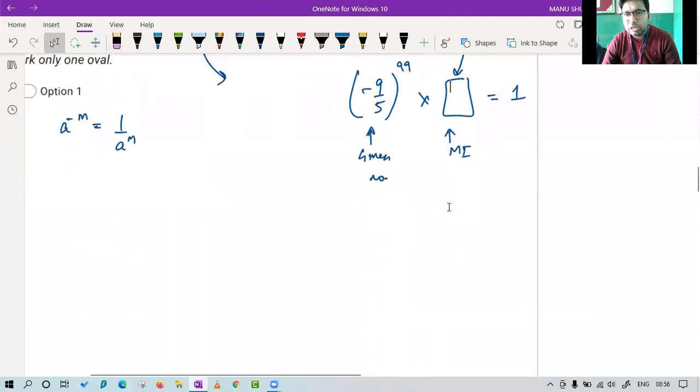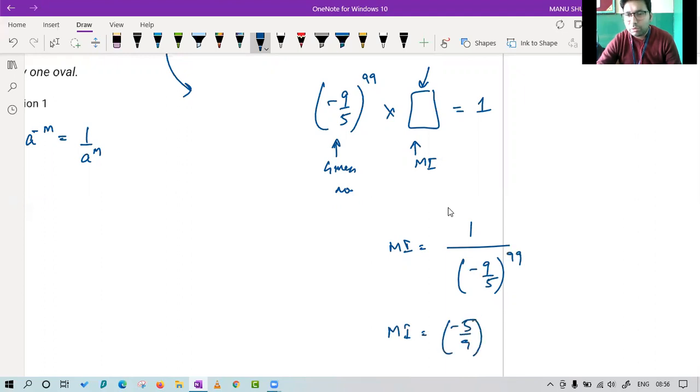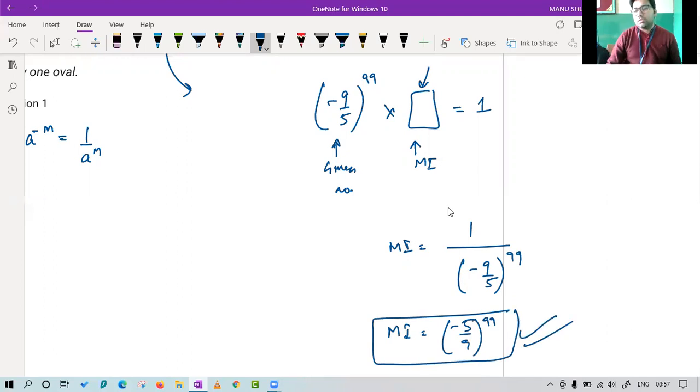If you isolate this multiplicative inverse on this side, you will have 1 upon minus 9 upon 5 power 99, which finally becomes minus 5 upon 9 power 99. This is the answer. I hope this is clear to everyone, because the same question was there in the exam also. Please confirm. It was very simple, you just need to reciprocate it from that side.